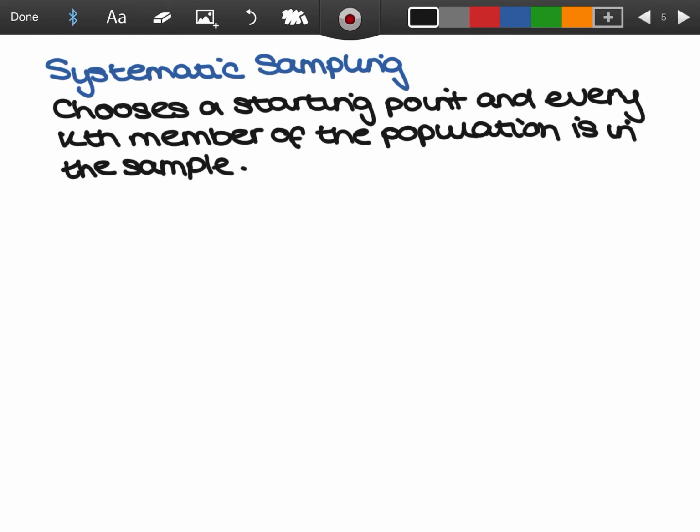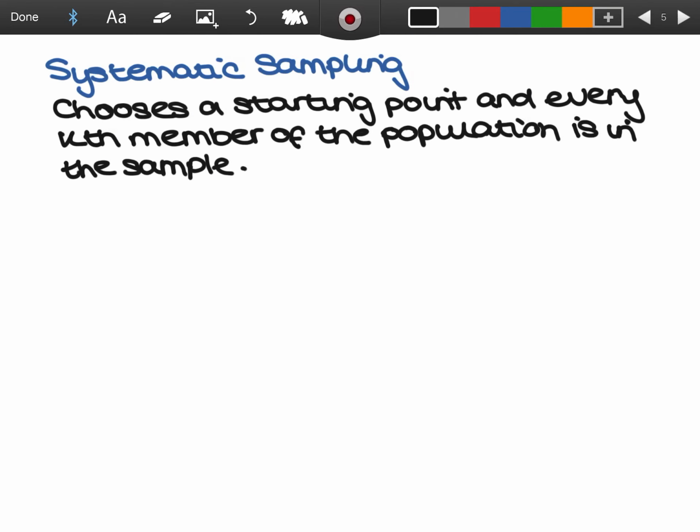Well, every 7th day is going to fall on exactly the same day of the week. So if you took a sample of every single Sunday to see what your sales were for the whole year, well, maybe there's not that many people out on a Sunday that go shopping. So you may not get an accurate representation of the whole population.